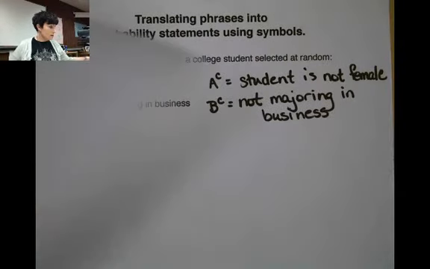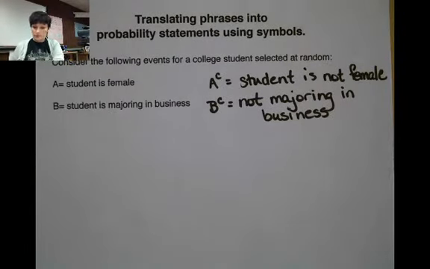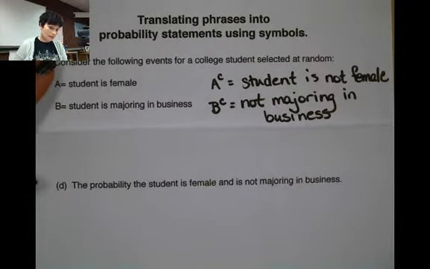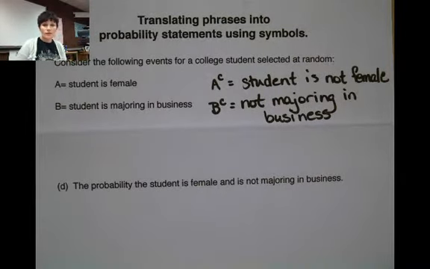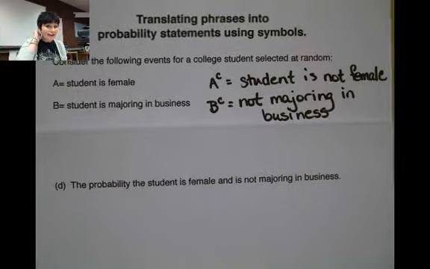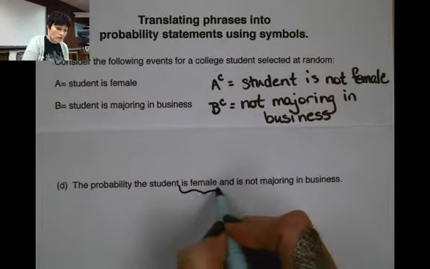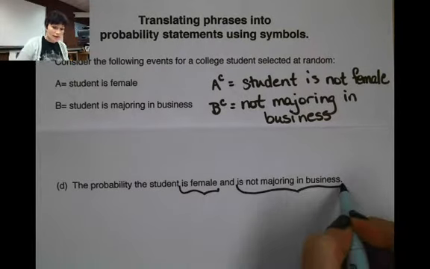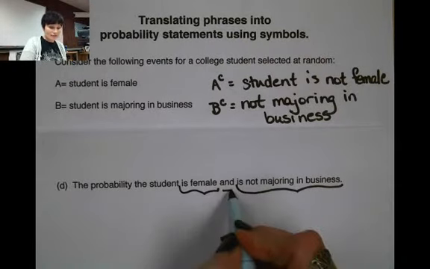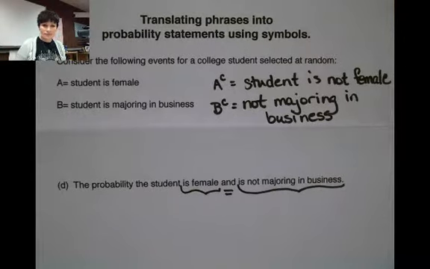Let's look at another. We have the probability the student is female and is not majoring in business. So this time we have two going on at the same time. Is female and is not majoring in business.